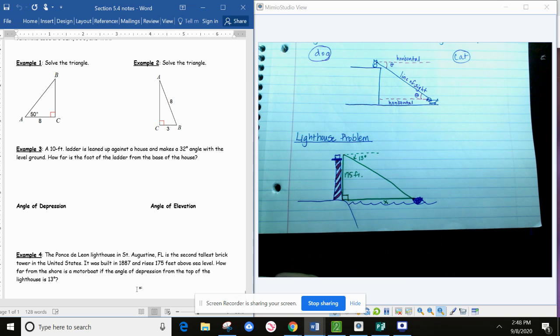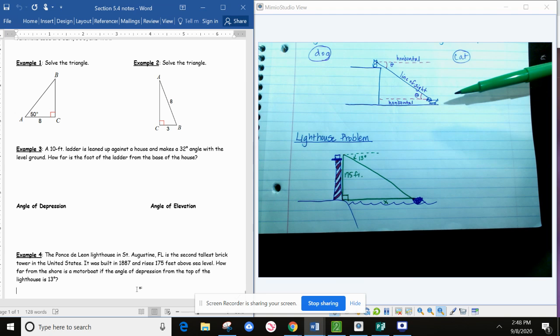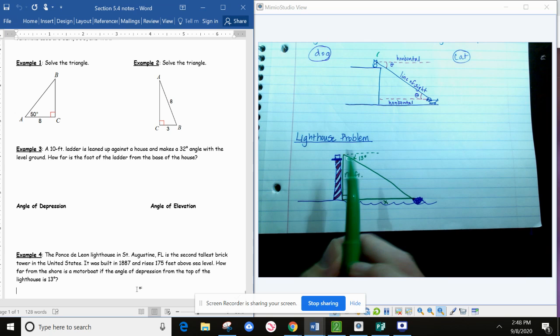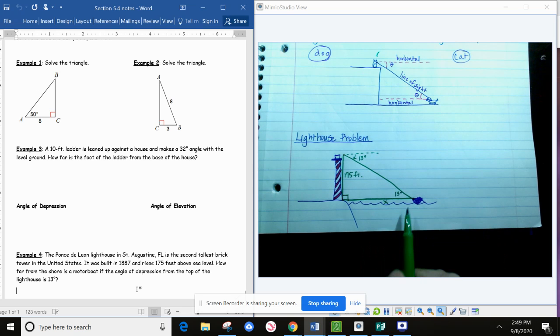Well, I've already got a triangle drawn, and that 13 degrees is outside of my triangle. So let's just talk about this. If you've got a line of sight and with an angle of elevation and depression, what should be true about these angles if the cat and the dog are looking at each other? They'll be the same. So this angle of depression is the same as an angle of elevation of someone who's standing in this boat looking at the top of the lighthouse.